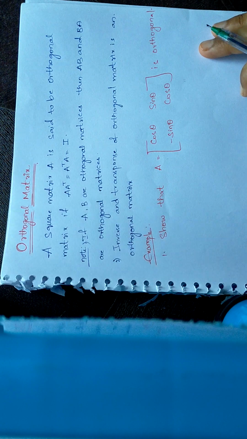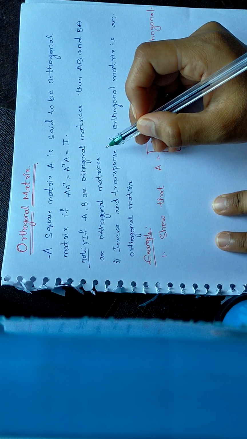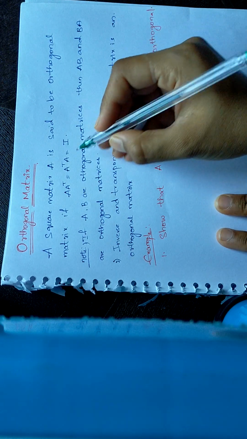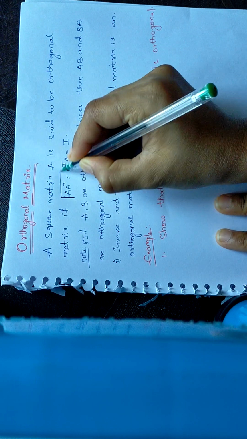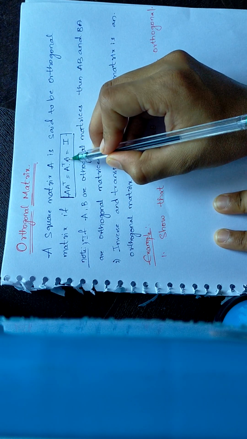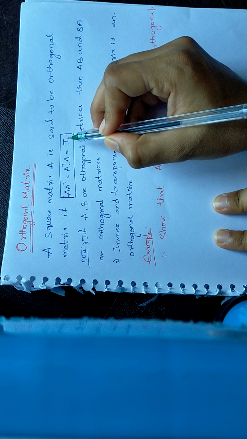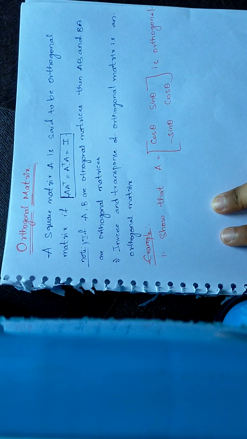Whenever a square matrix is said to be orthogonal, it means it satisfies this condition: A into A transpose, or A transpose into A, is equal to I. I means the identity matrix. We have discussed this matrix in the introduction part.